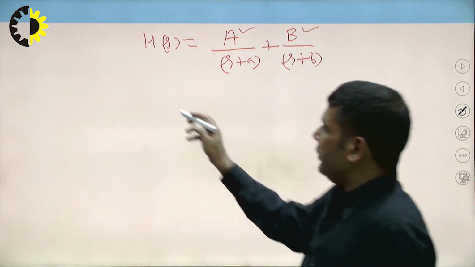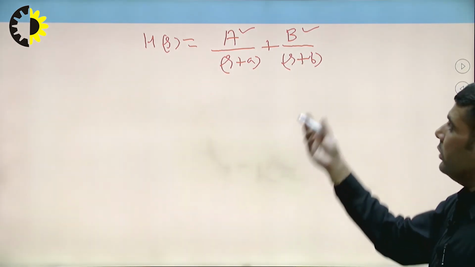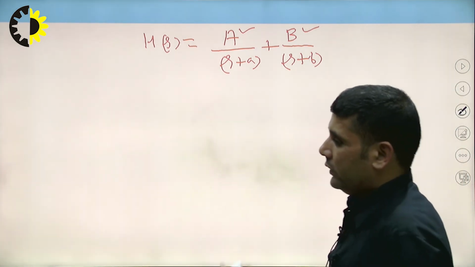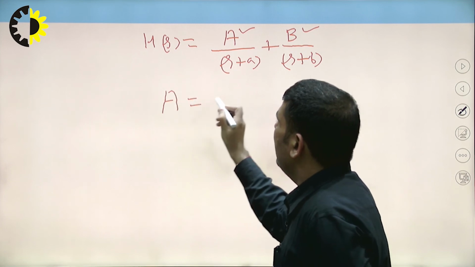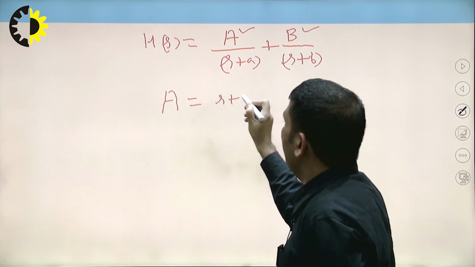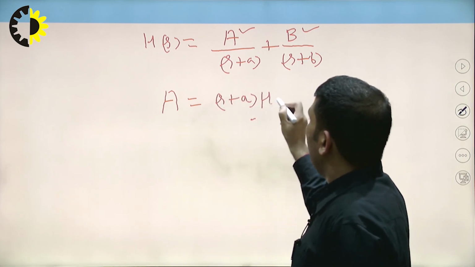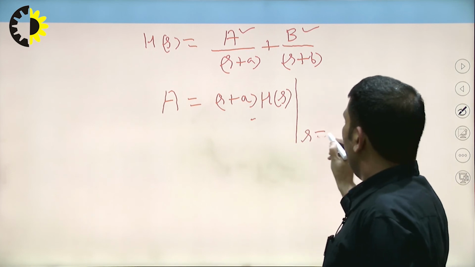The motive is how to find out A and B. That's very simple. You already know it in mathematics also. I am just giving you a refresher, so that if you are not aware, then do the practice of this, because that is very necessary. So here A is (s plus a) multiplied with the function H(s) and put s is equal to minus a here.